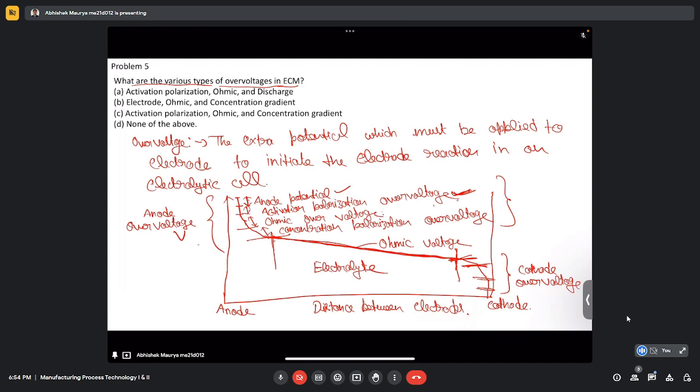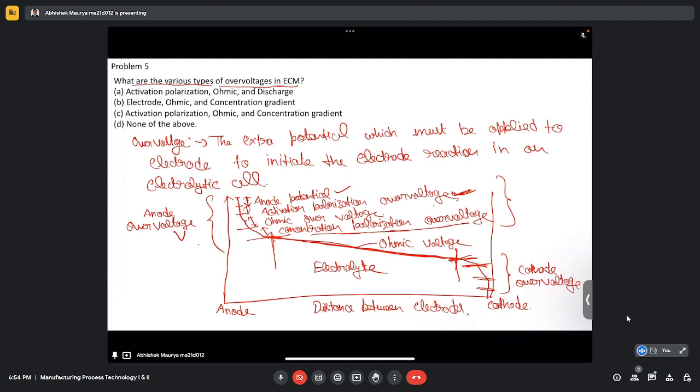And concentration polarization over voltage takes place in the diffused region of the double layer, because we know the electrode has some charge, and around it the opposite charge ions are accumulated. Because of that, in order to facilitate the motion of ions, we need to provide additional voltage.